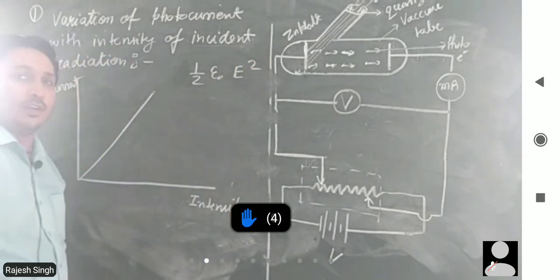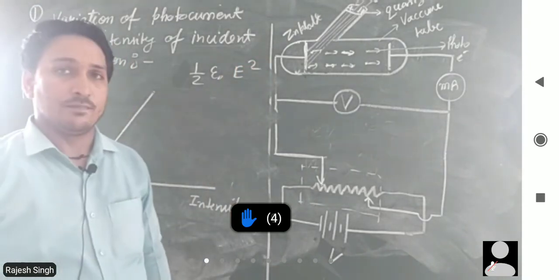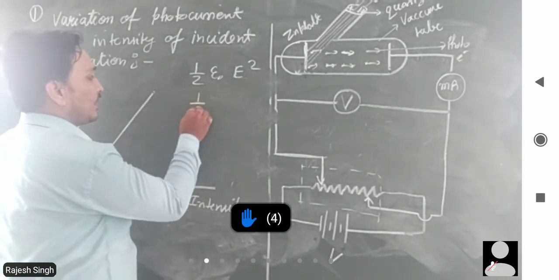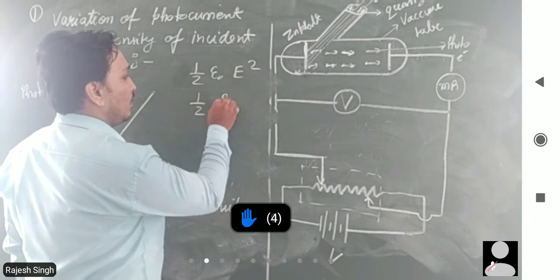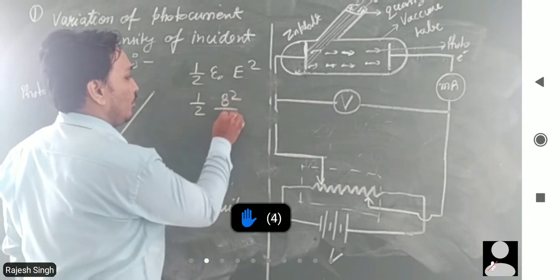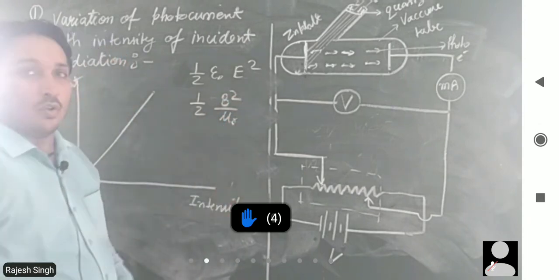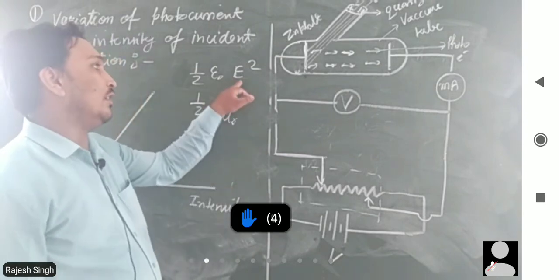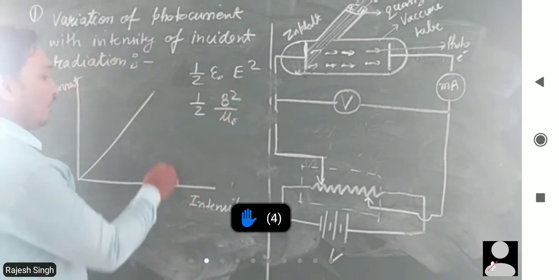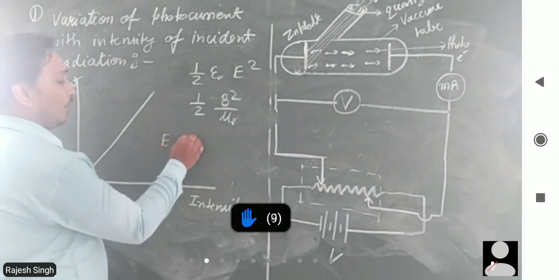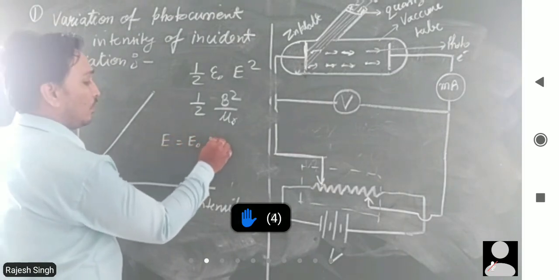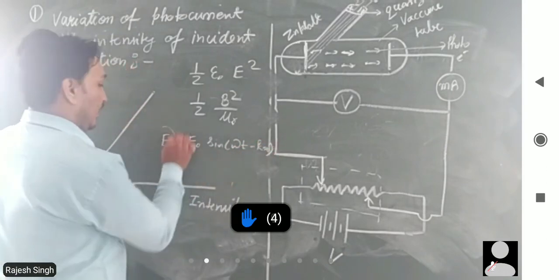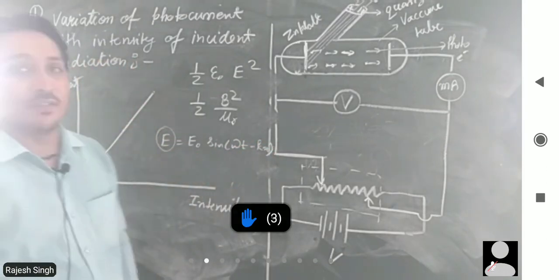For the magnetic field, the energy density comes out to be half B square upon mu naught. So basically the energy depends upon E. And what is that E? If you write the equation of an electromagnetic wave, E is equal to E naught sine omega t minus kx. So E is the instantaneous value of the electric field.